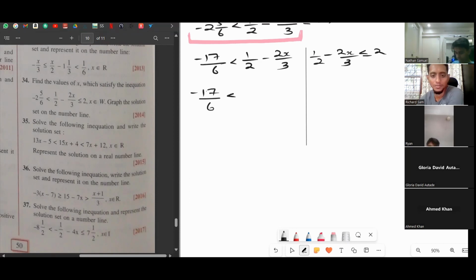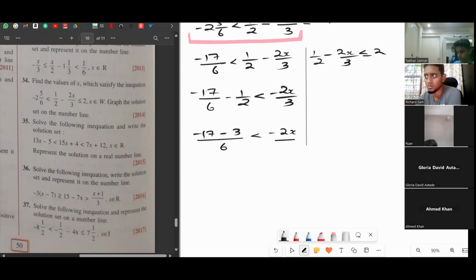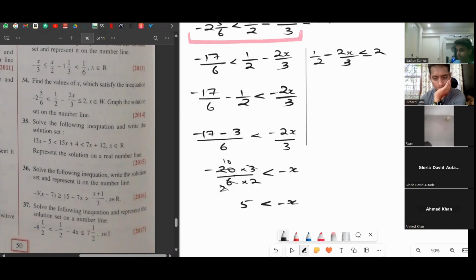Anyone else got anything? So I got x is less than 5. Just 5. Less than 5. Okay, join them both then. I'm getting -5 greater than x.